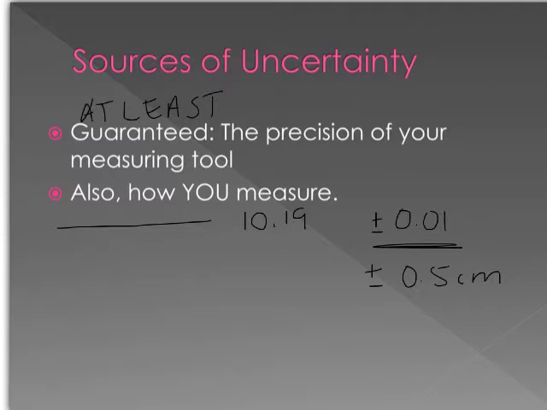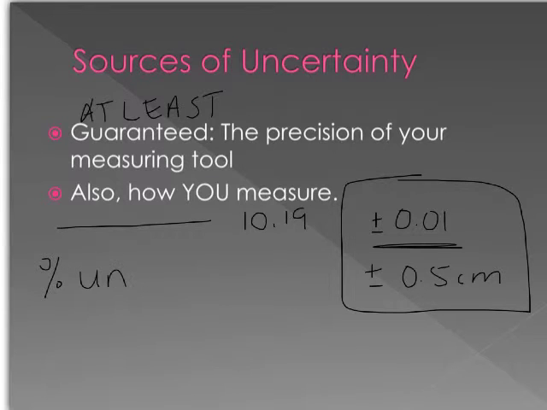But all of these numbers, whether you're doing very, very careful measurement and the only thing you have to worry about is your tool, or if you're in a situation where your measurement is a little bit more difficult, these all relate to a percent uncertainty. And the book talks about this, and it kind of shows you how to figure it out, but I will do a calculation for you just so you are aware.